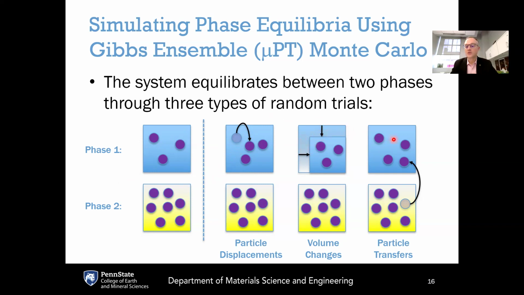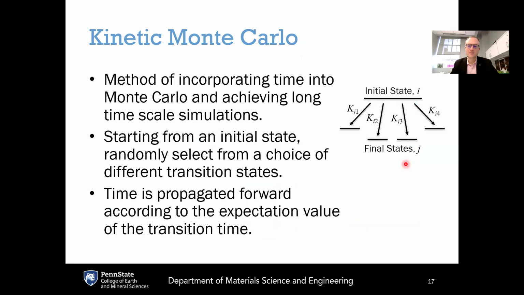Or there are particle transfers, which involves taking an atom from one phase and then sticking it into the other phase. So for example, grabbing an atom from phase two and sticking it into phase one, or the opposite. And basically, once you find the equilibrium here, with the Gibbs ensemble Monte Carlo method, you found the equilibrium between those two phases.